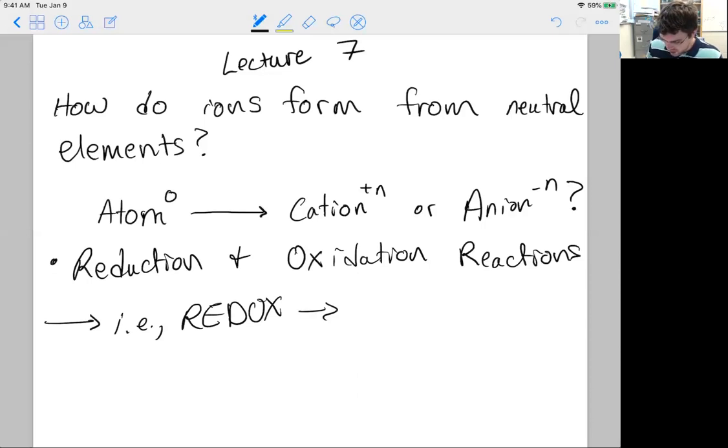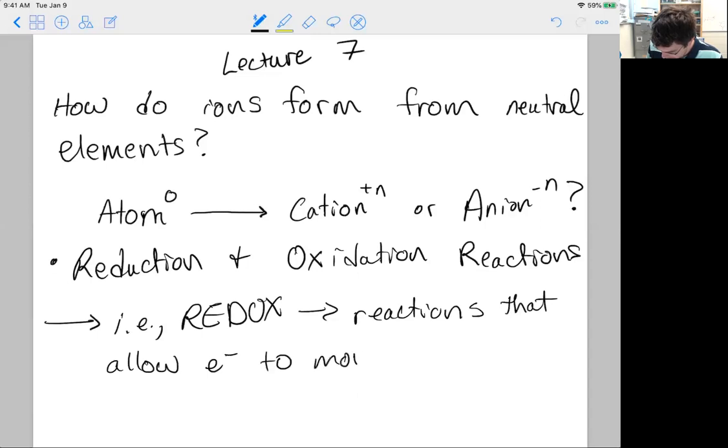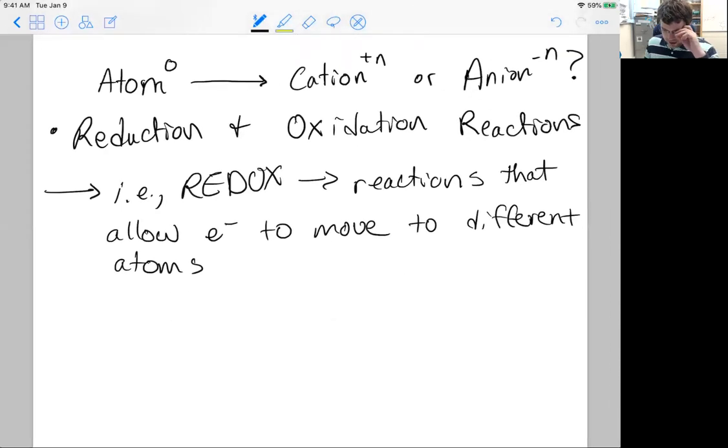And these redox processes are reactions that enable electrons to move to different atoms. Reactions that allow electrons to move to different atoms.